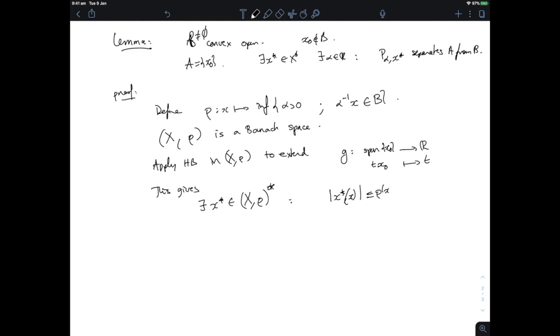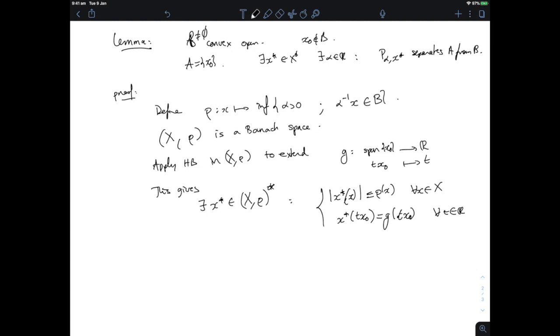This is going to be smaller or equal to rho of x, for every x in X. Because when we do the extension in Hahn-Banach, we don't increase the constant in the continuity inequality, and we have that x star of t times x naught, on this vector space V which is the span of x naught, has to match what we had defined on the subspace, the linear map g, for all t in R. That's the consequence of the Hahn-Banach theorem.